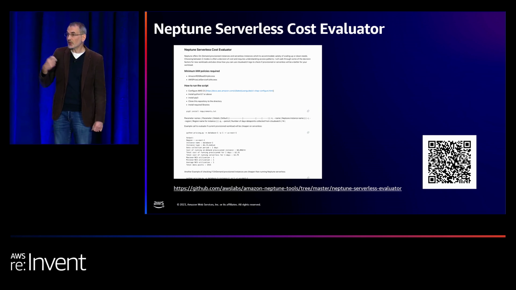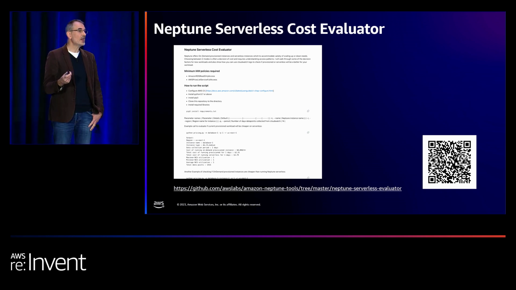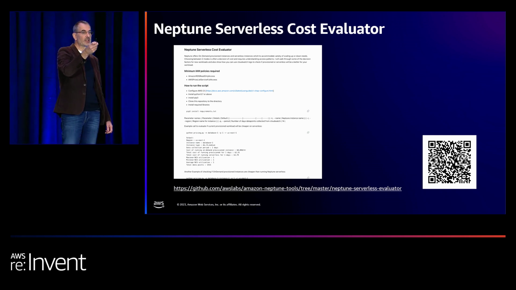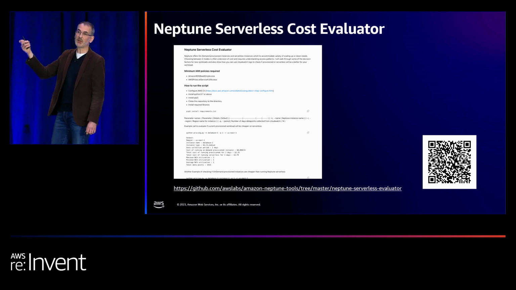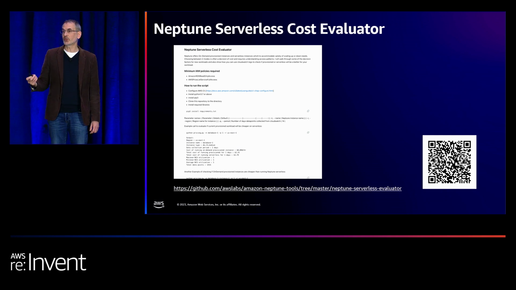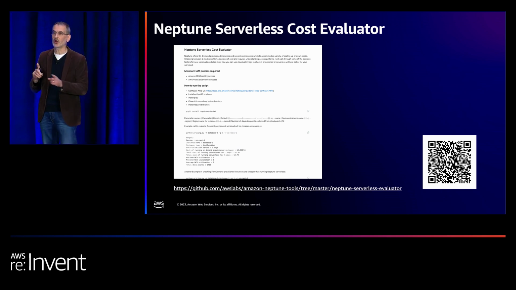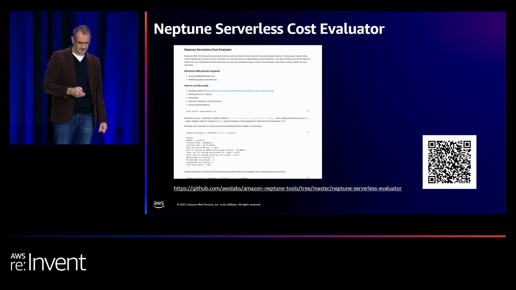The nice thing is, the other thing that it does, it will try and recommend a provisioned instance that would have addressed those workload needs were it running at its peak. So it will recommend a provisioned instance for the peak part of that workload, and it will give you the costs of having run that provisioned instance as well. So now you can start to compare costs and decide whether serverless is appropriate for you.